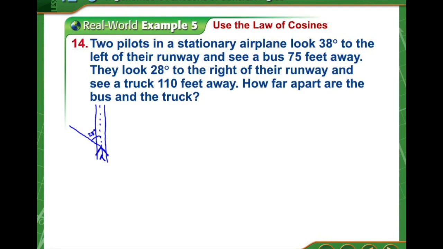And they see a bus. And it is 75 feet away. They look off 38 degrees to the right. 110 feet away. And they see a truck. We want to know how far apart they are.